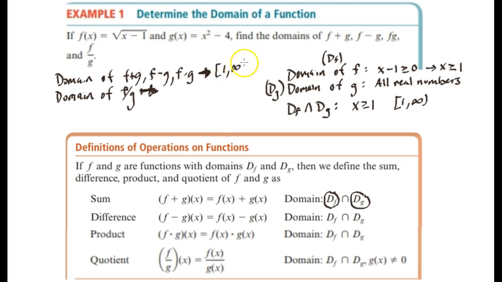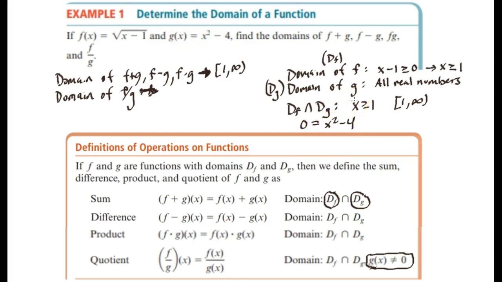1 to infinity. And now, if we wanted to find the domain of f divided by g, we also have to look at where g of x is not equal to 0. So we need to solve that. Let's look at where it's equal to 0. So 0 is equal to x squared minus 4.